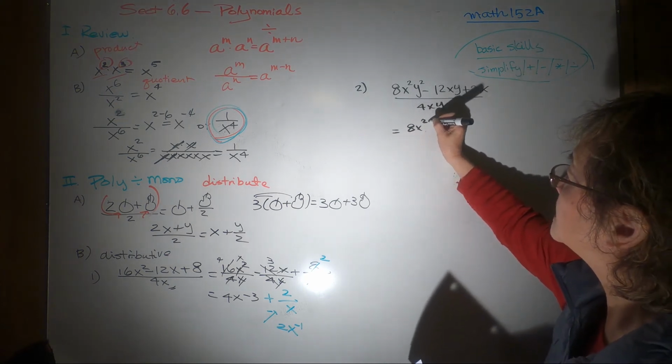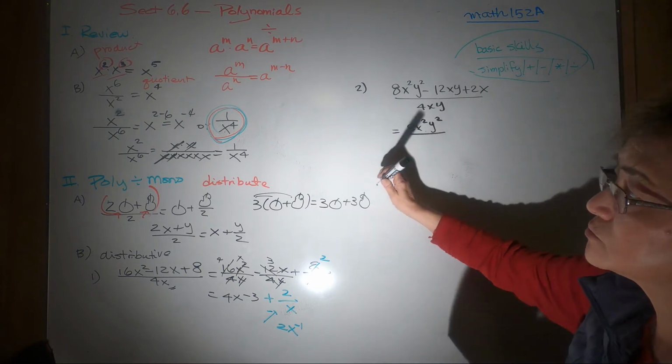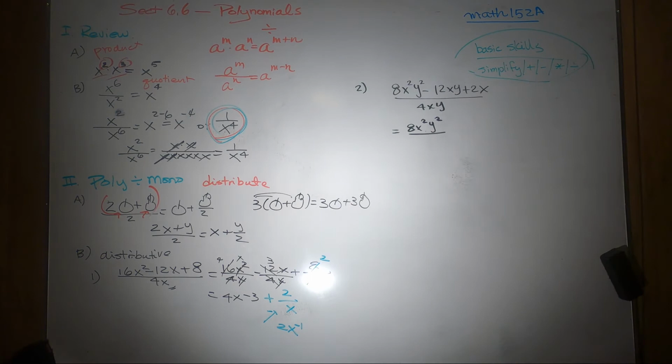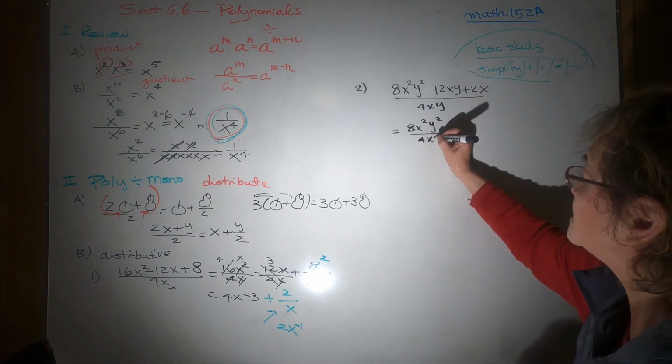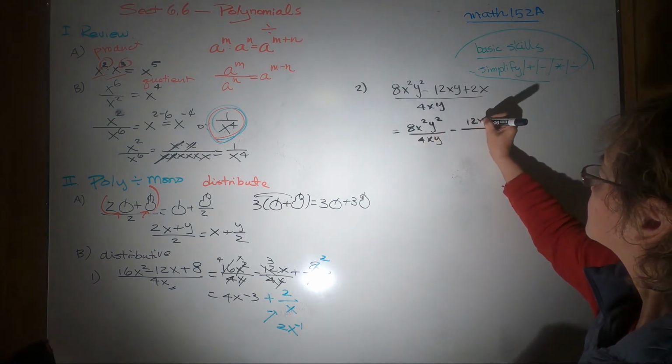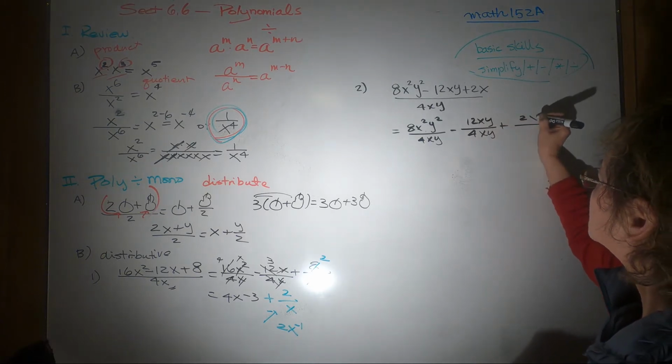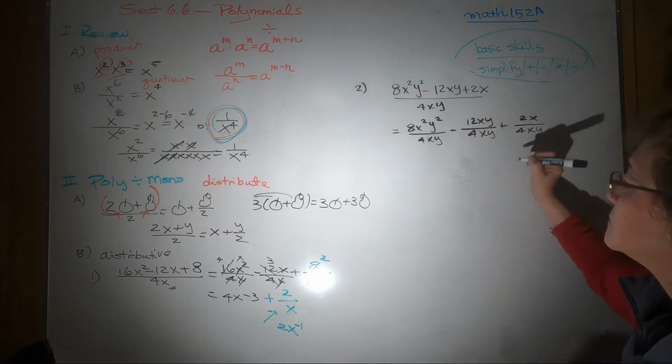So you have to write it separately, because we can only divide what? Mono to mono. You can only do one thing at a time, right? So you have to separate them to be able to manage what's going on and to simplify them, right?